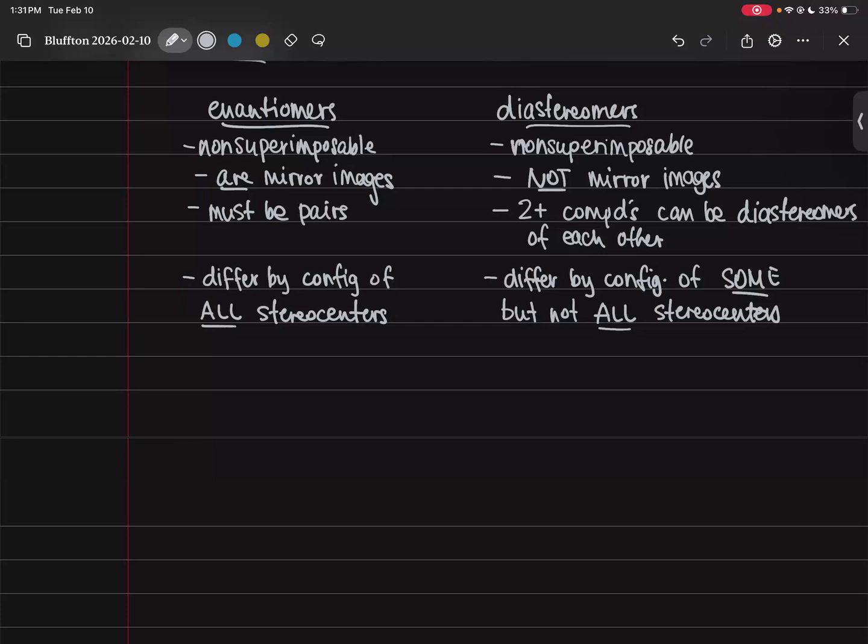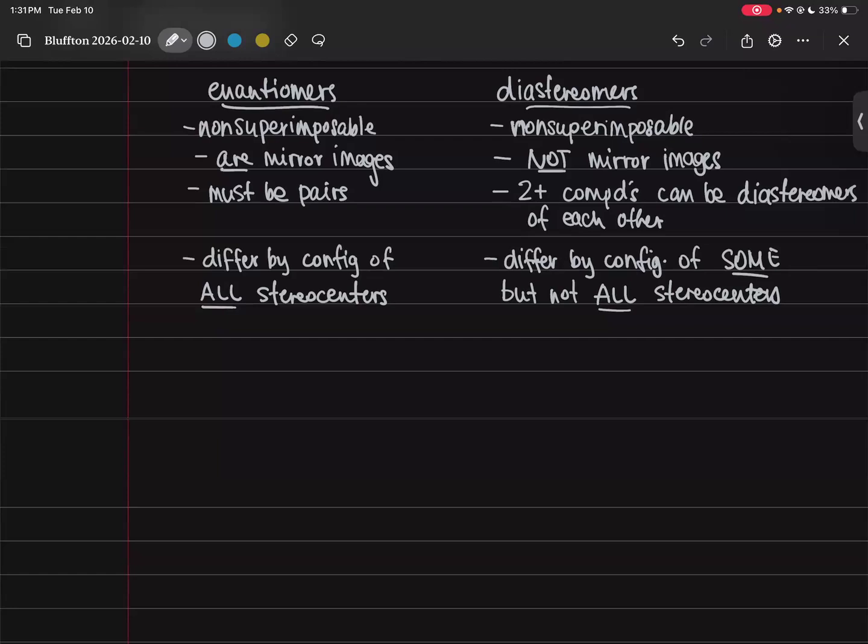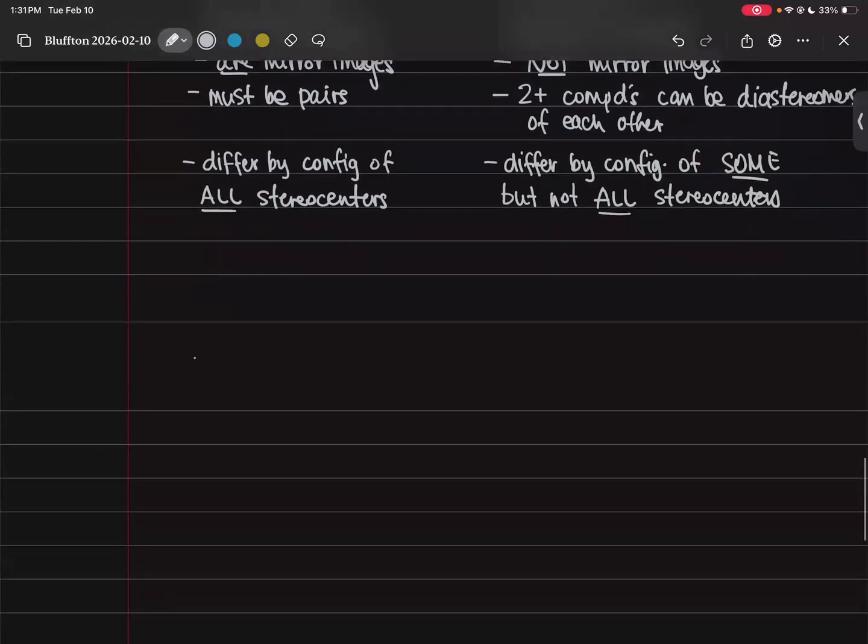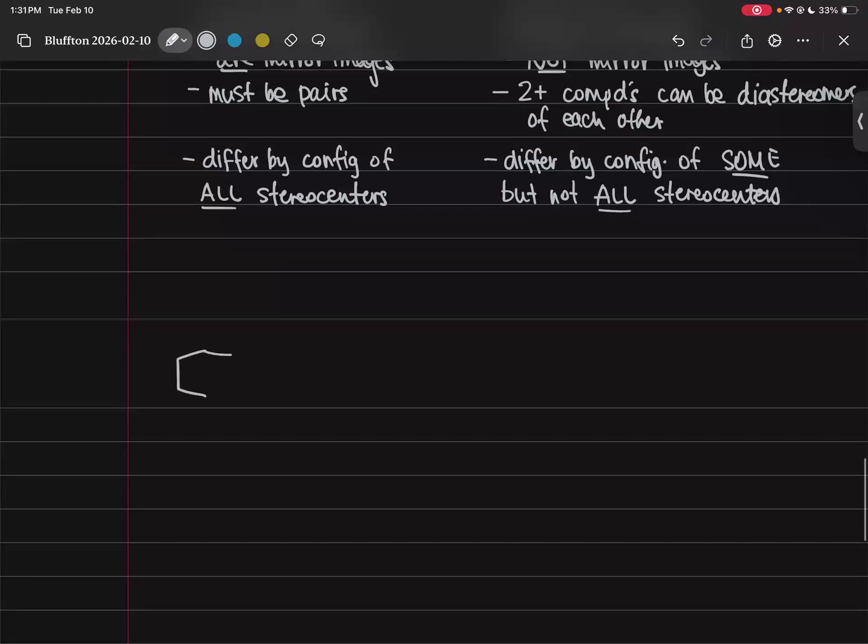Let's look at an example of a compound with 2 stereocenters, and we'll come up with all the different versions of it and figure out the relationship between all of them. First thing you'll notice, I have not drawn wedges or dashes. We're going to make those up. I'm going to tell you up front that this has 4 stereoisomers.